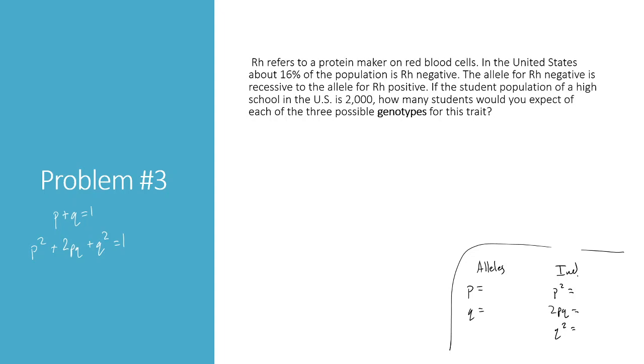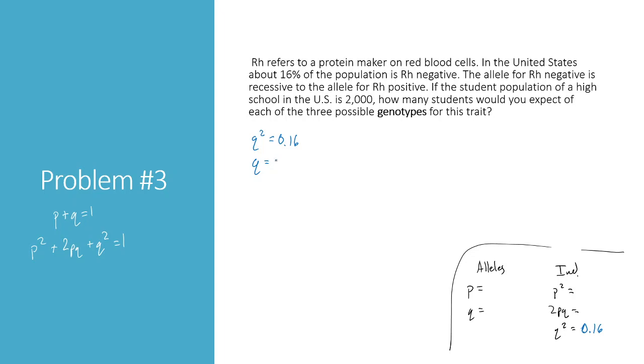So right away we know what our q squared term is, and that's going to be 0.16, so 16% of the population. From that we can quickly figure out what q is just by taking the square root of that 0.16.